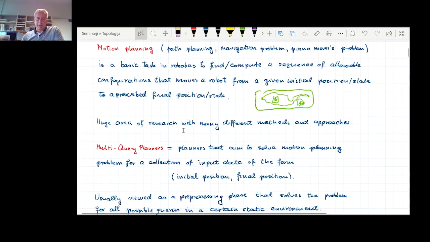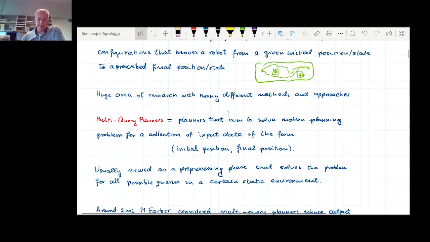Now, usually you do this in some discrete setting, so you have some grid, maybe some graph, and then you get some list of possible solutions, of possible paths. But if your environment is continuous, then you essentially get some space with some topology, and then it makes sense to talk about continuity.